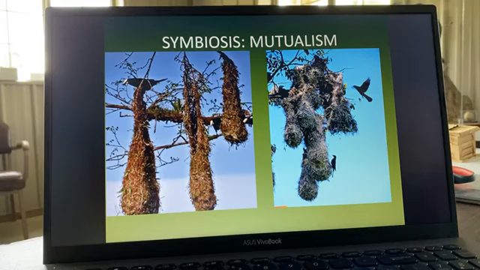Well, the cowbirds just love bot flies, so they pick the bot flies off the baby oropendulas. So the oropendulas tolerate having the cowbird chicks there, and they do take care of them to a degree, but the cowbird chicks also take care of the bot flies on the oropendula chicks, and so there's a beneficial thing there.